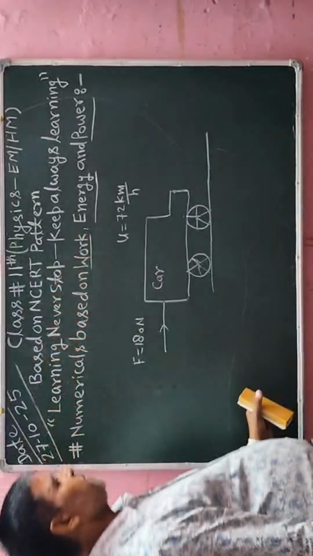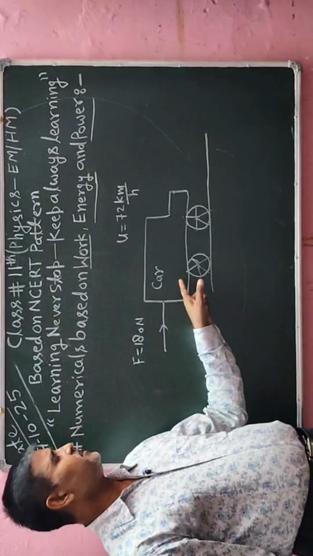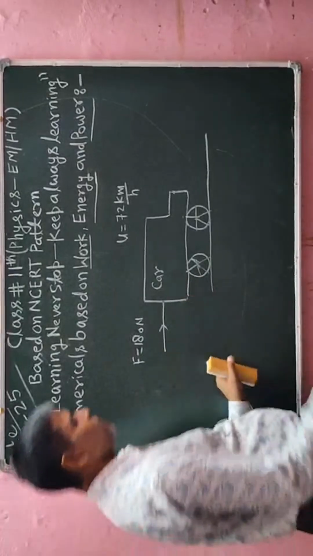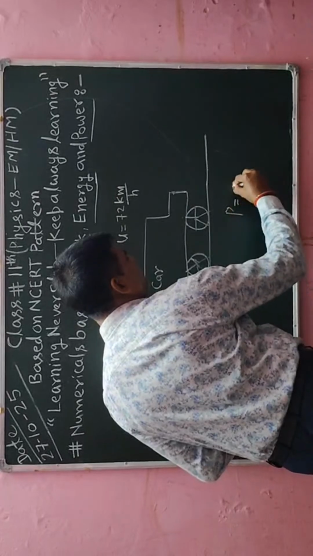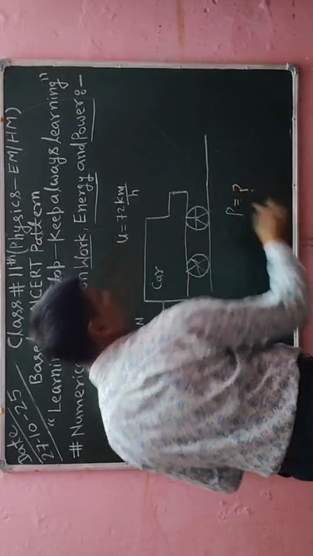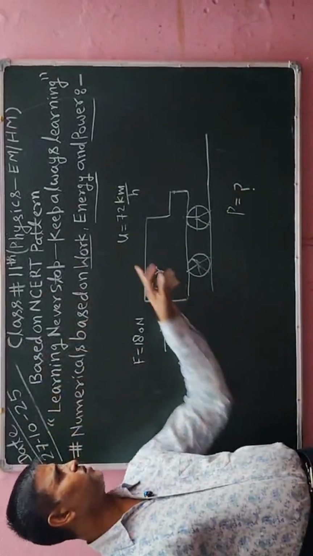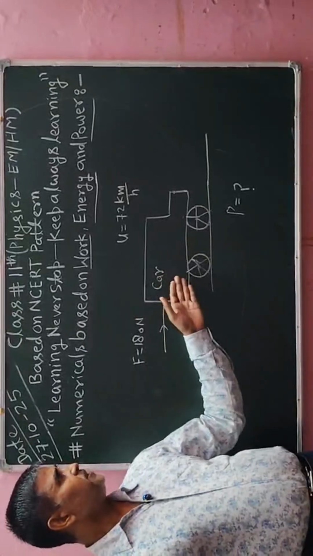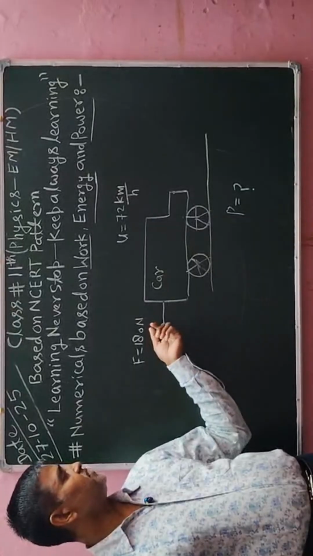Now we have to calculate the capacity of the engine of this car. Capacity of the engine, that is, the power of the engine. We have to calculate what is the power of the engine. There is a car which is moving with this velocity, and that car experiences an external force of 180 Newton.